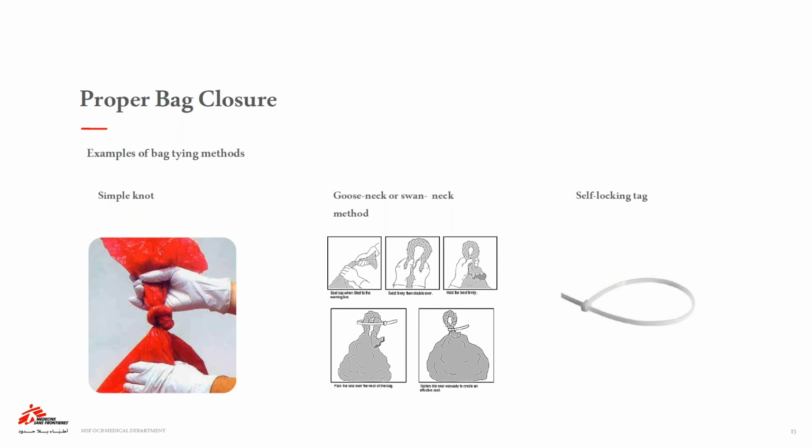So we need to either do a simple knot for the bag, like what we see in the picture, or use the goose neck or swan neck method, where we twist the bag very well and make it so that we can close it with the self-locking tag. When we lock this self-locking tag, it cannot be broken except by using a sharp object or scissors to cut it.